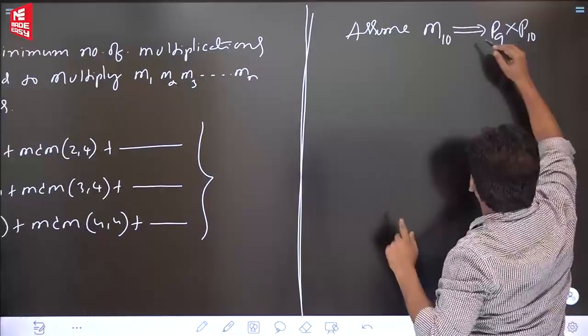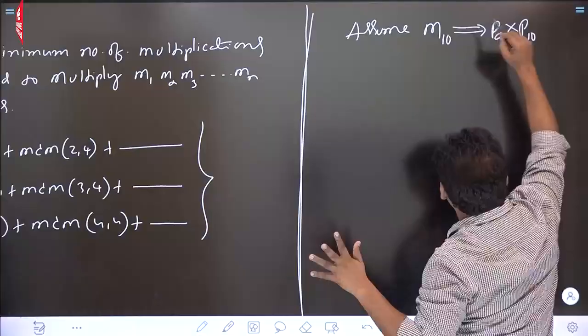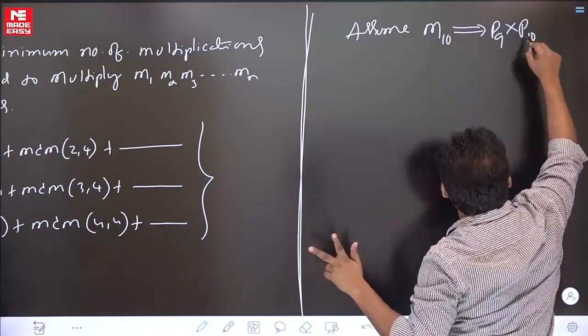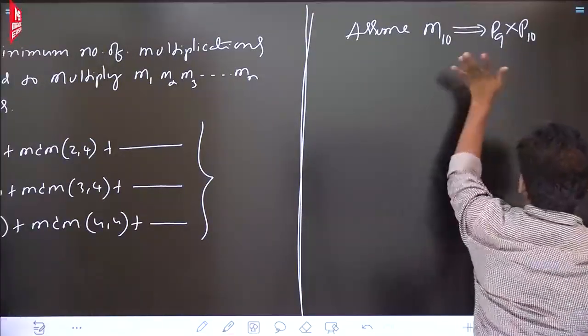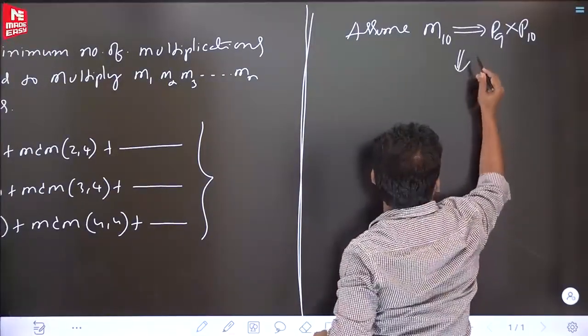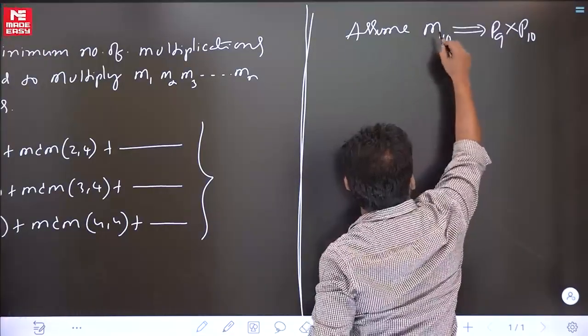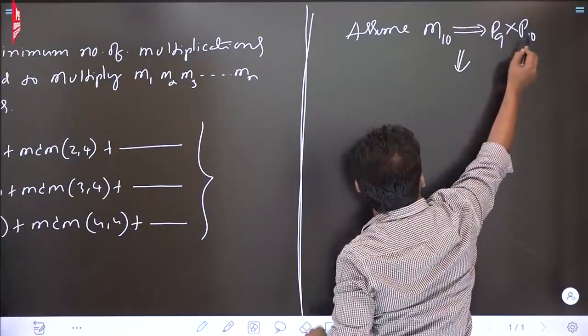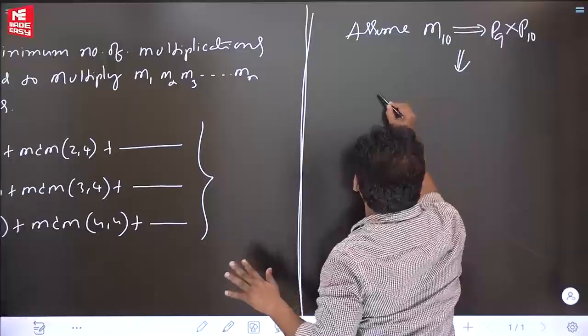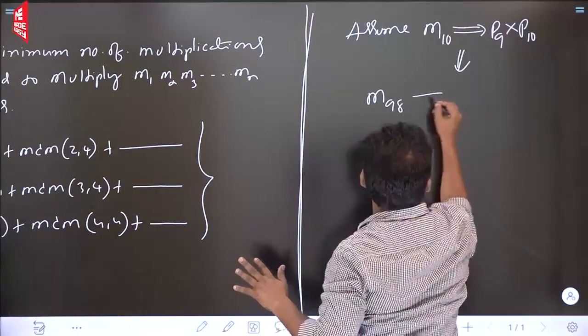I am not saying the 10th matrix rows are 9, I am not saying that. The 10th matrix rows are P9, columns are P10. Assume that. If you are okay with this assumption, see the next story. Can you help me now? From this, assume the 10th matrix rows are P9, columns are P10. If you are okay with that, then what about this one? Matrix number 98, rows how many?